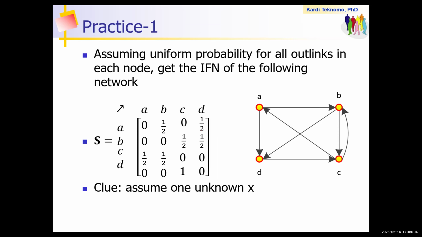From B you go to C and D, again 50-50, and C goes to A and B 50-50, and D goes to C 100% because there is no other link. Can anyone start to compute this IFN manually?